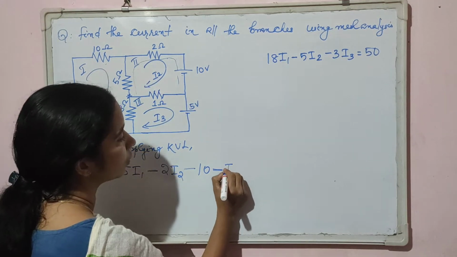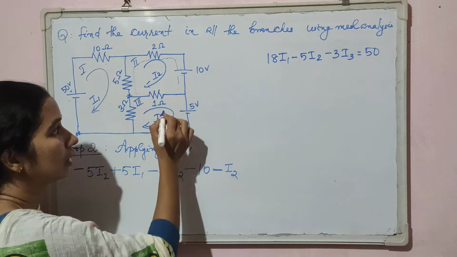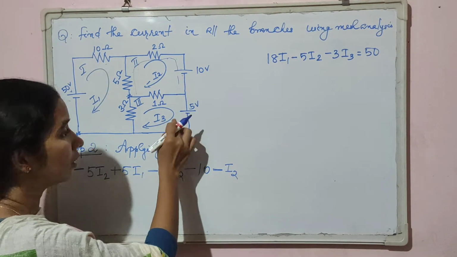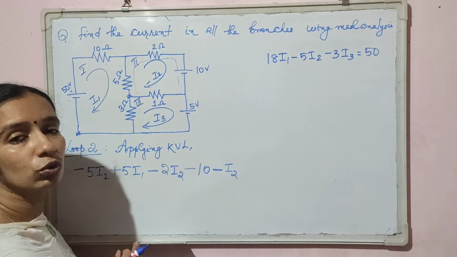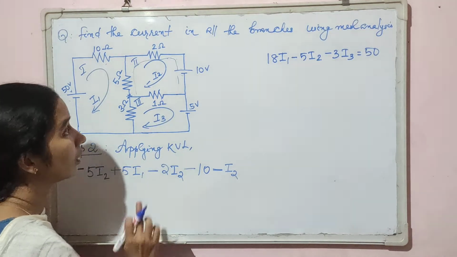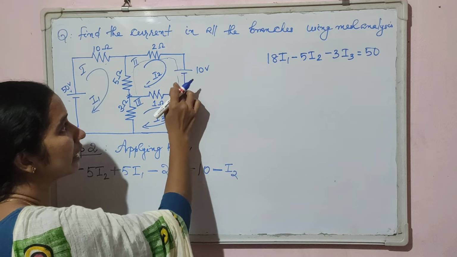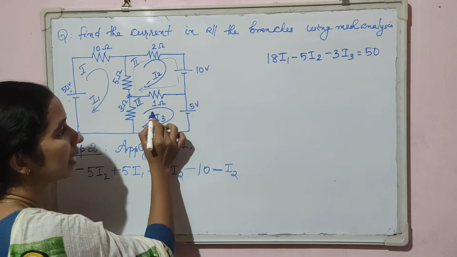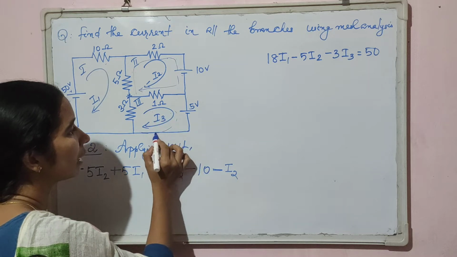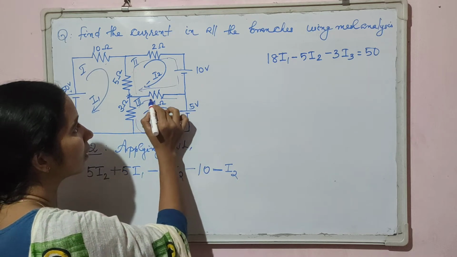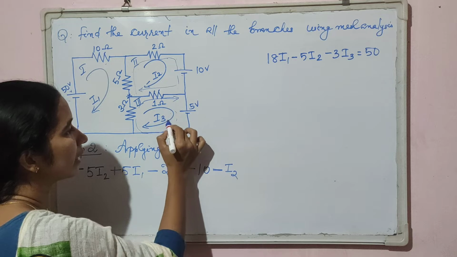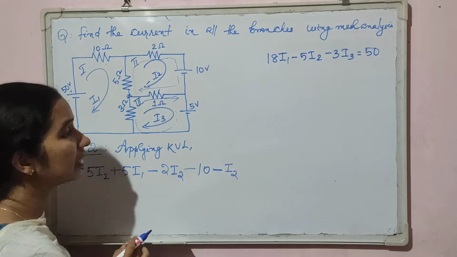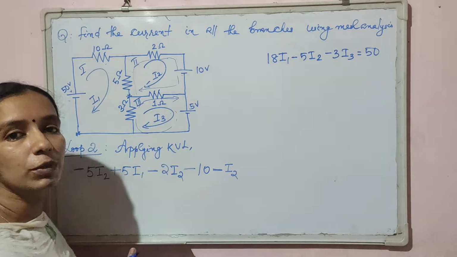That is I2. Now this 1 ohm resistor is common to loop 2 and loop 3, so current I3 will also flow through it. In loop 2 I am proceeding in this direction, but I3 is flowing in the opposite direction, circulating like this.